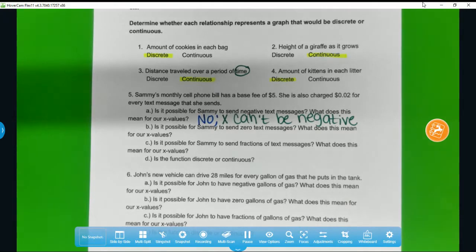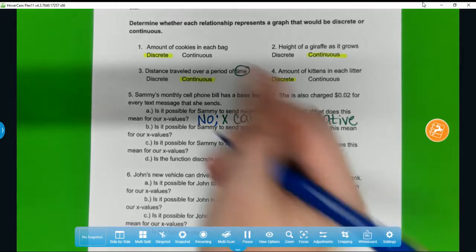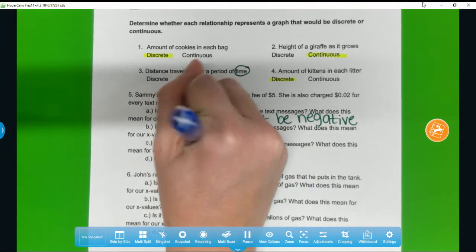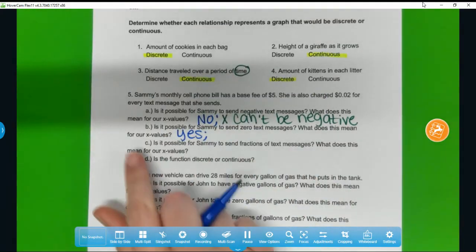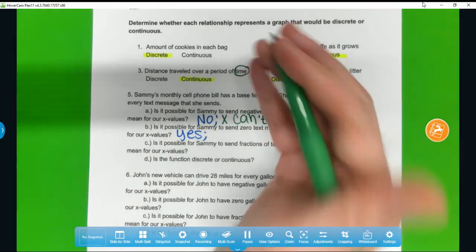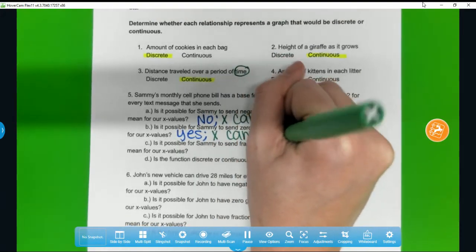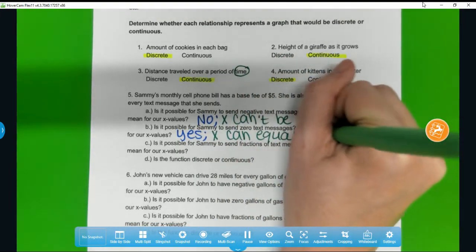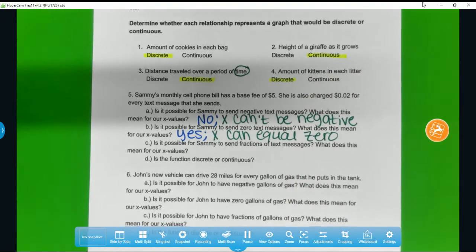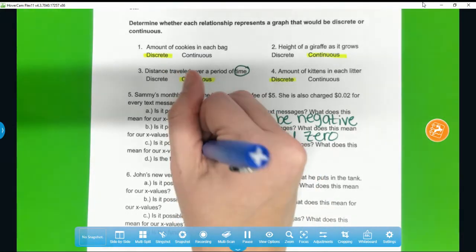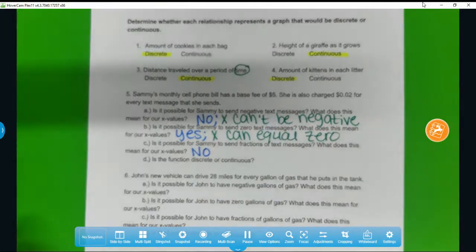Okay, is it possible for Sammy to send 0 text messages? Yes, it is. So what does that mean for our x values? It means that x can equal 0. Is it possible to send fractions of text messages? No, it's not.